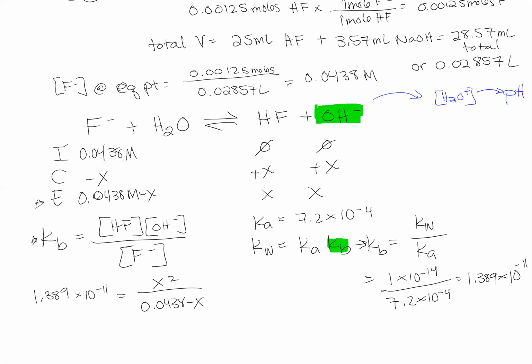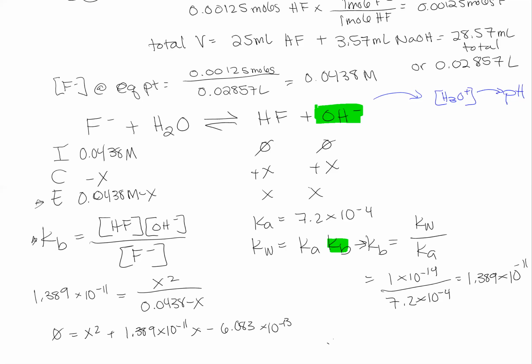I'm going to rearrange this so I can solve it with the quadratic equation. It's going to be x squared plus 1.389 times 10 to the negative 11 x minus 6.083 times 10 to the negative 13.